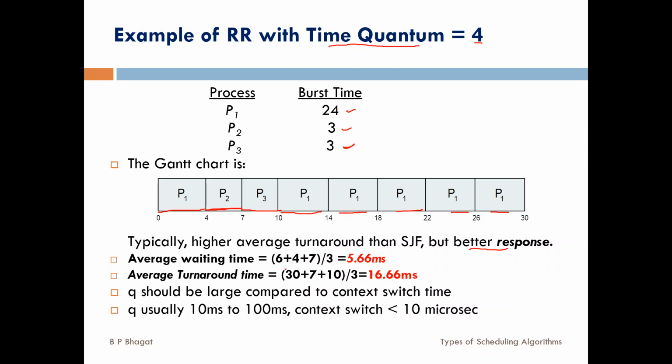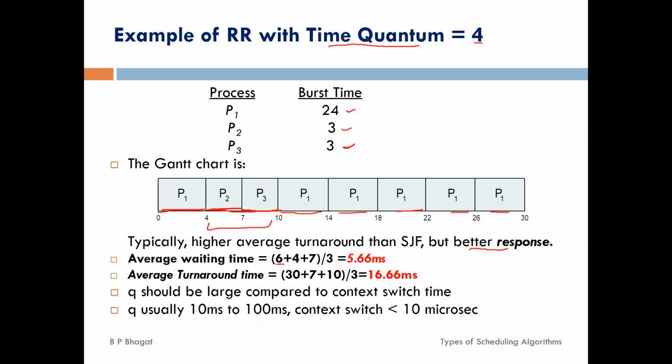So here we can see that the waiting time for P1 is 6. Since P1 executes here, and from 4 to 10 it is not executing. So this is the waiting time for P1, and in the rest of the time slots we can see that P1 is in running state.